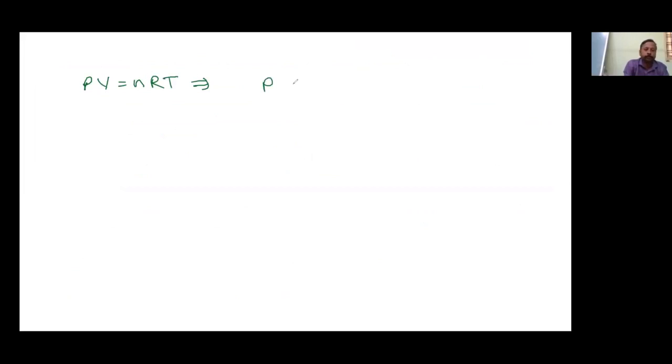So P1V is equal to N1RT1, divided by P2V is equal to N2RT2. Is it understood?